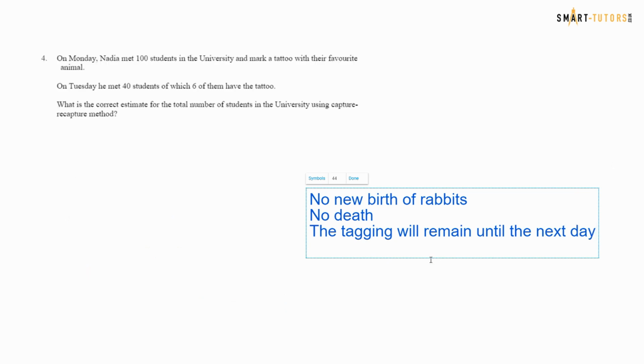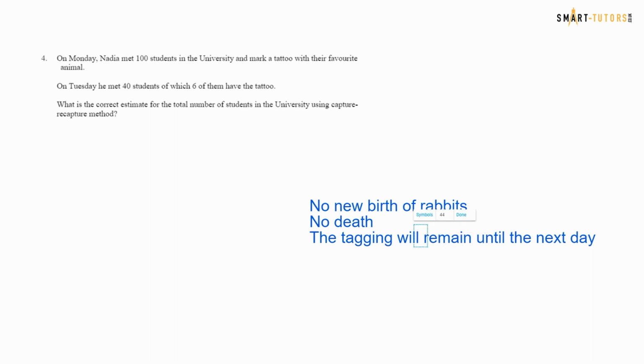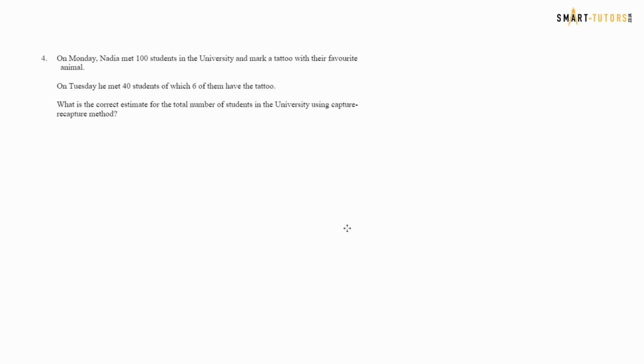Question number 4. On Monday, Nadia met 100 students in the university and marked a tattoo with their favorite animal. So again, capital M over capital P equals small m over small p, and 100 students, we don't know what is the total.